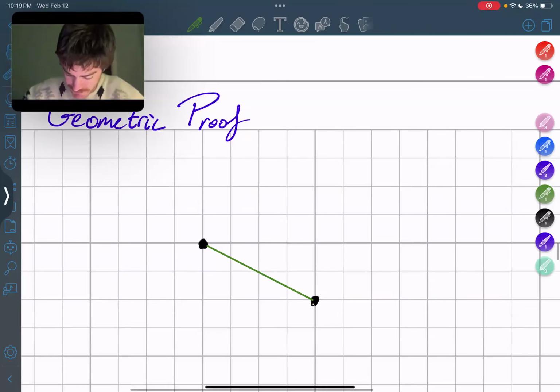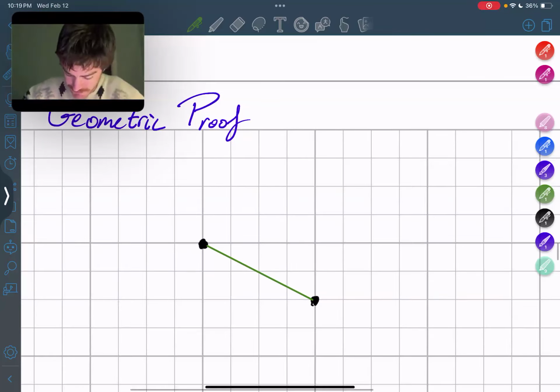Maybe he knew, but one way to prove this is to consider a slightly different path where you go like this and you form a little triangle. How do we know that this side here and this side here added together are longer than our hypotenuse here?